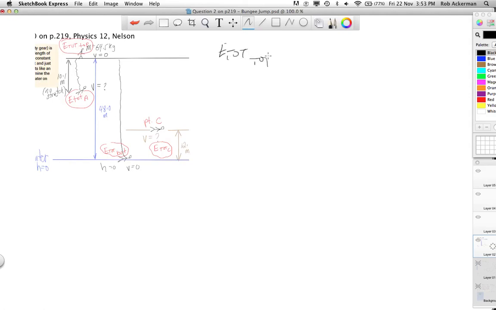E total at the top was for sure equal to EG plus 0 EK plus 0 EE. We know that for sure 100% because that's what bungee jumping looks like. You're high up, you're not moving, no kinetic, and your cord is not stretched. So find yourself a value for MGH where this is 48 meters. This is your total energy for sure in the question.